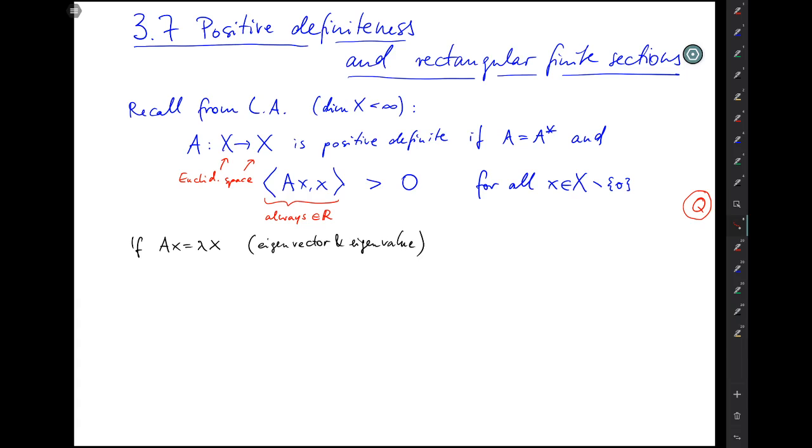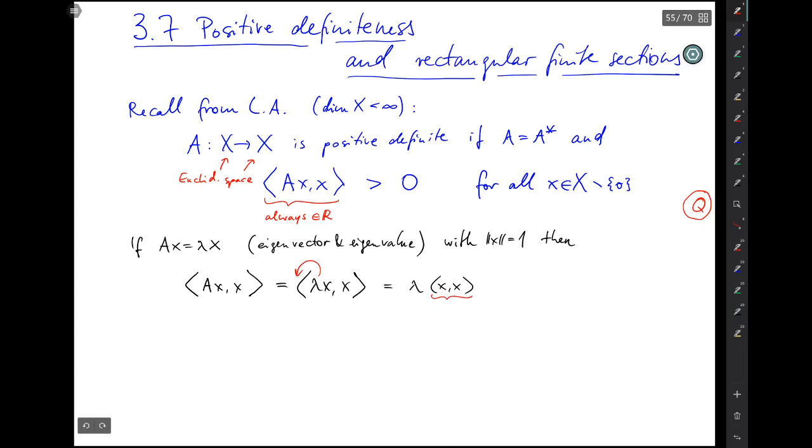And if, for simplicity, the norm of our eigenvector x is 1, well, we know that we can scale eigenvectors as we like. They remain eigenvectors. Then, looking at that expression, we can observe the following. Let's replace Ax by lambda x, then get the lambda out, and then note that this here is the norm of x squared, which is 1 by our assumption.